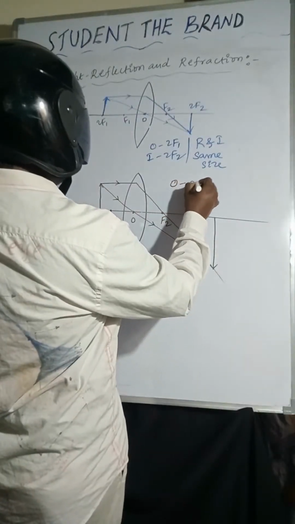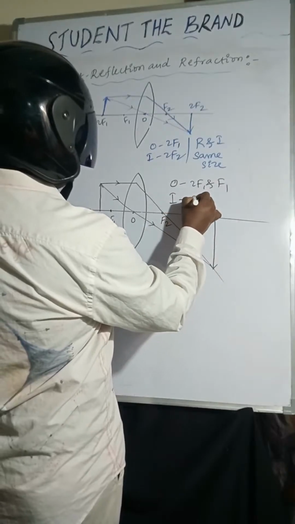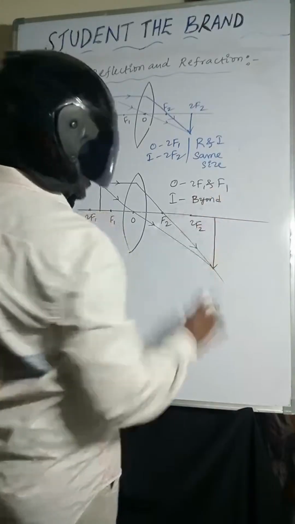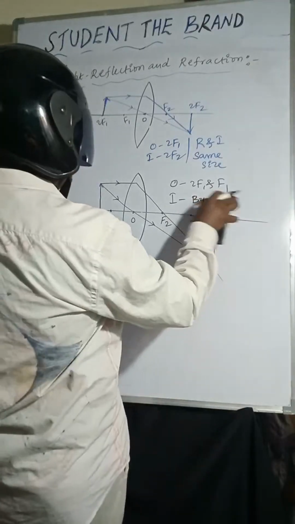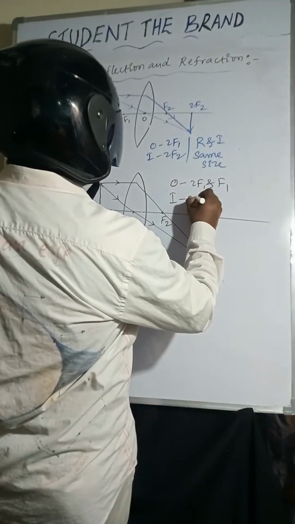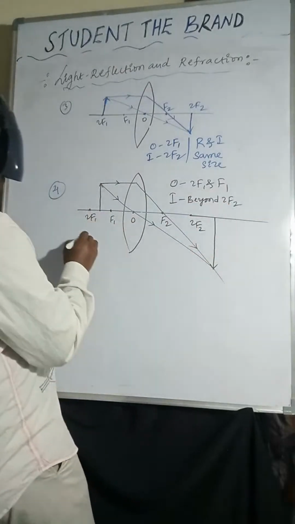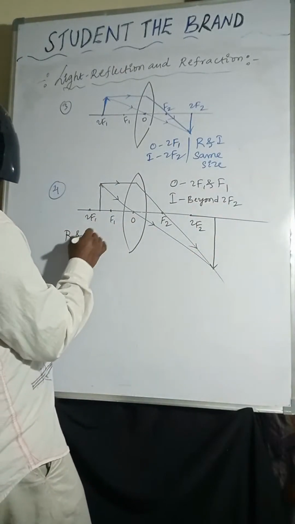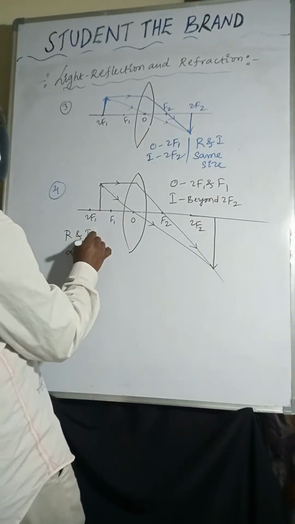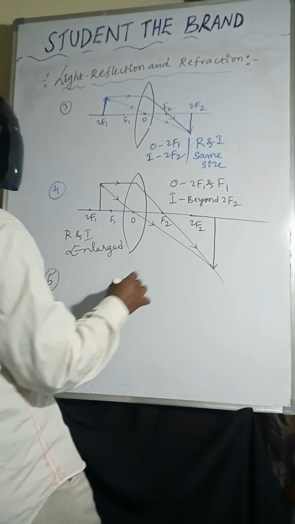Object is placed between 2F1 and F1, image will form beyond 2F2. Nature of the image is real and inverted. Size of the image is enlarged.